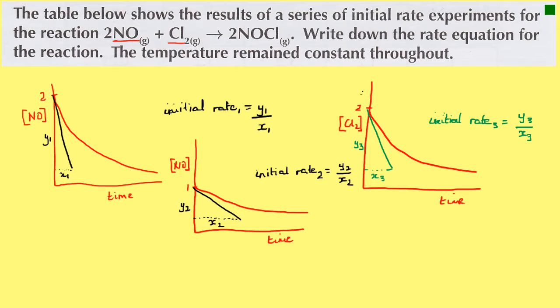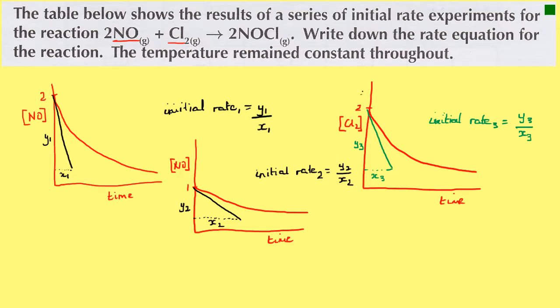And then we would take the tangent and work out the gradient of that tangent. So let's call that y2 and x2. So the initial rate of this experiment, let's call that initial rate 2, would be y2 over x2.